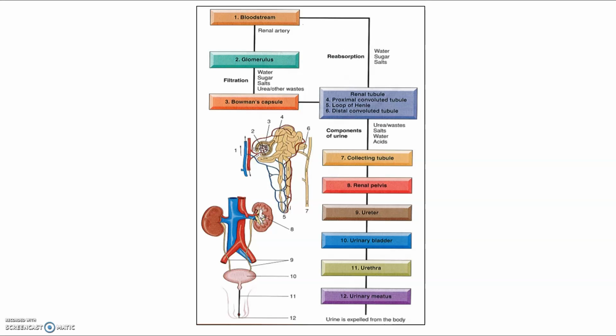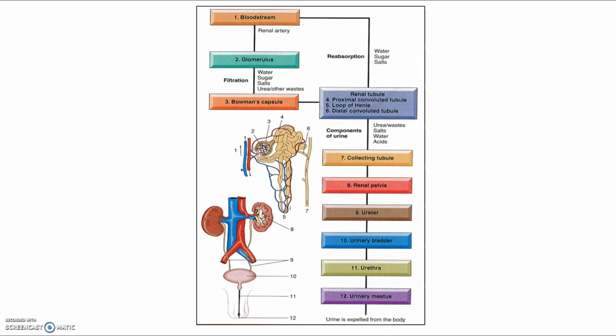surrounds the glomerulus. That filtrate is then going to go to the tubule system, and that tubule system consists of the proximal convoluted tubule, and convoluted just simply means bends, the loop of Henle, and the distal convoluted tubule. And what happens in these tubules is the process of reabsorption with urine.